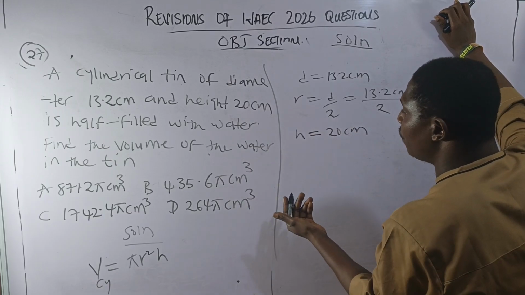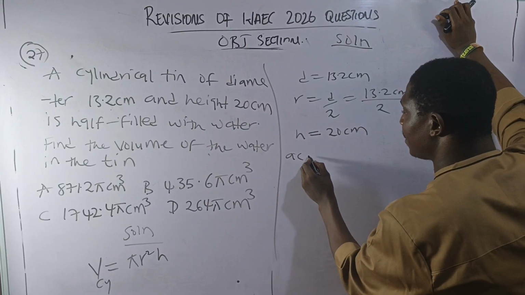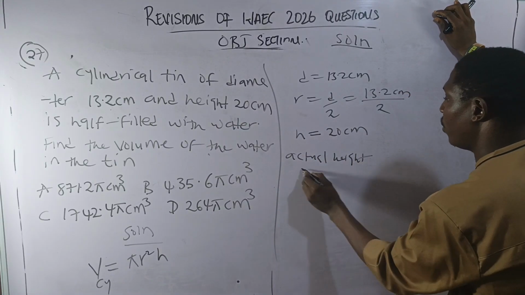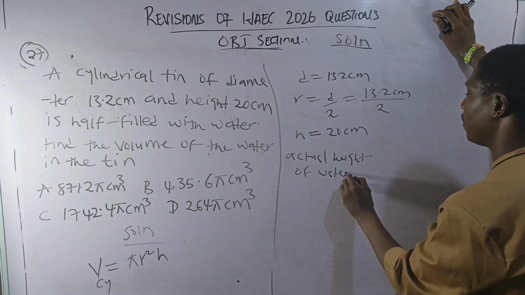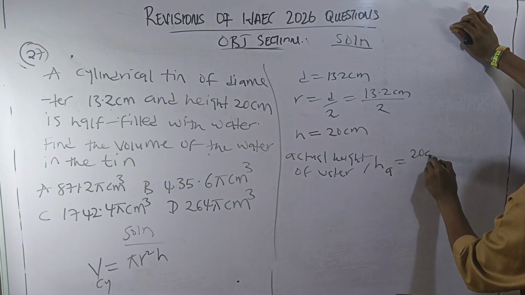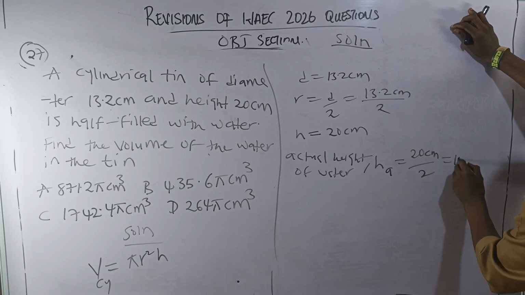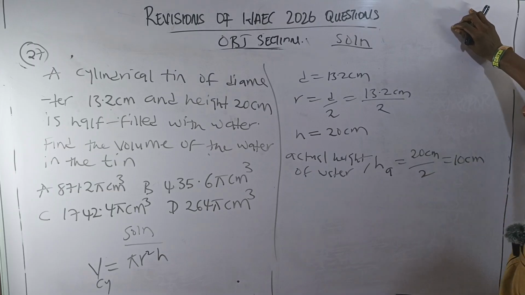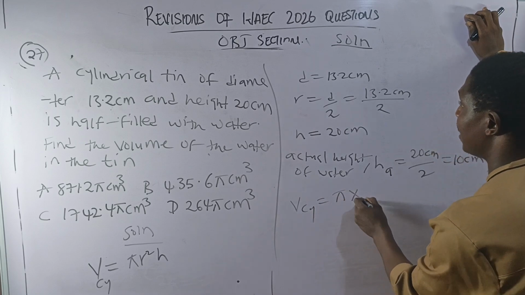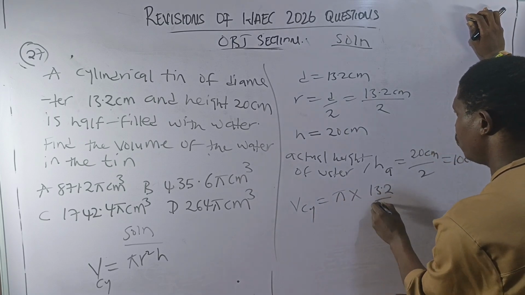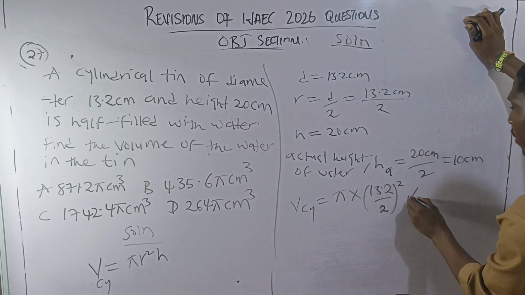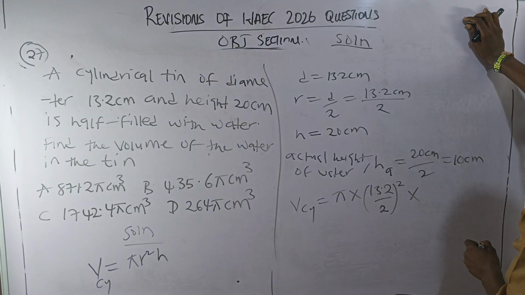But they said it's half filled. So actual height of water, I can take it as h subscript w will be equal to 20 cm divided by 2, which is equal to 10 cm. Now I can therefore solve. Volume of cylinder will be equal to pi times radius, 13.2 over 2 close bracket square, times my height.